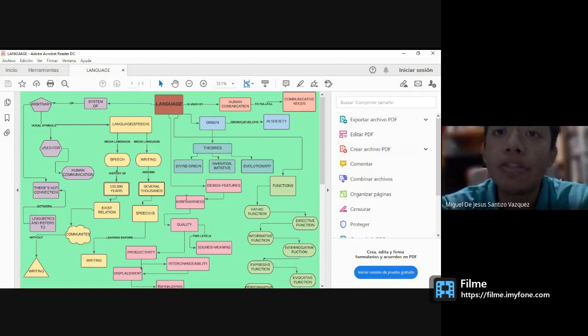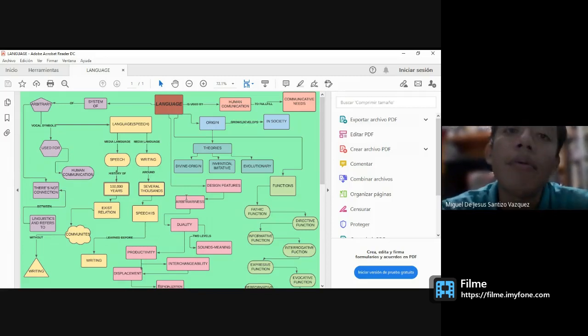Inquiring information refers to wanting particular information. For example, how old are you or who are your parents? Expressive function is used to reveal something, feelings or attitudes. It is to say that I am angry or I am hungry, to know what people are feeling in that moment.